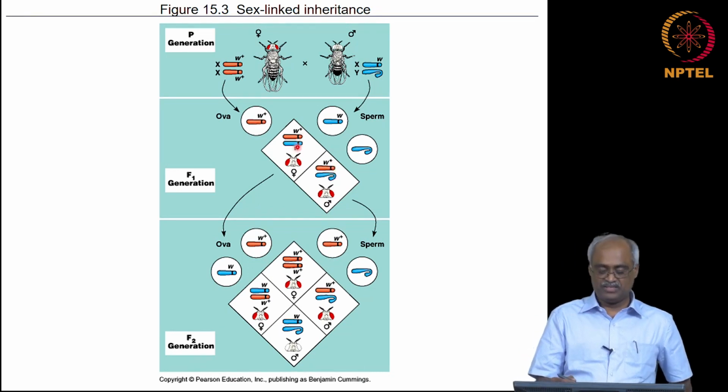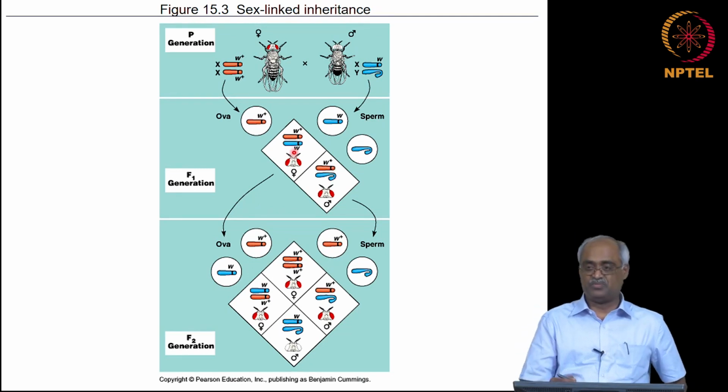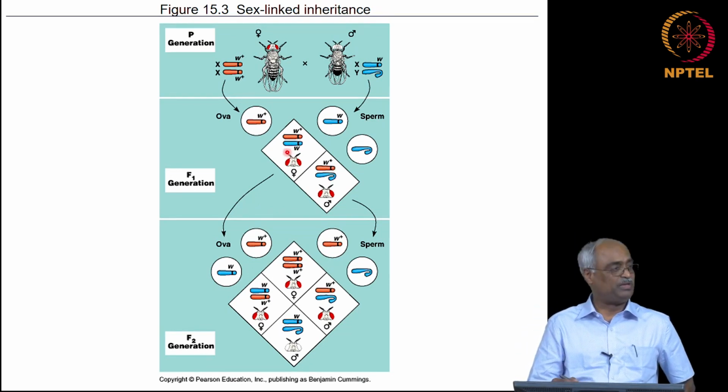Now this mutant X chromosome that came from the male is in this F1 female, and she produces two kinds of gametes. One will have the mutant X chromosome, the other one will have the wild type.